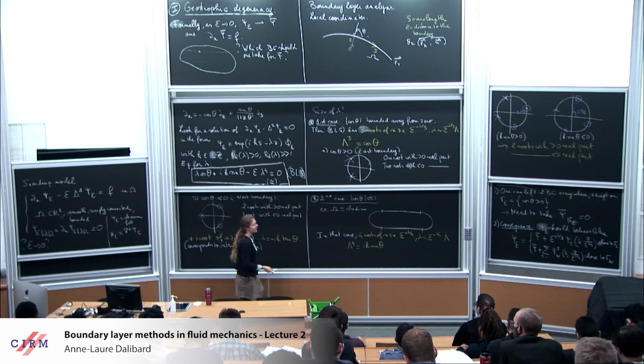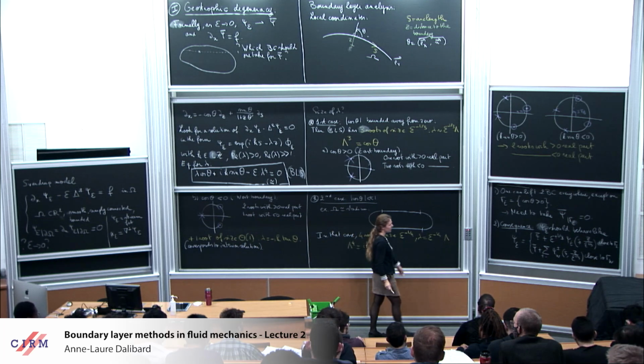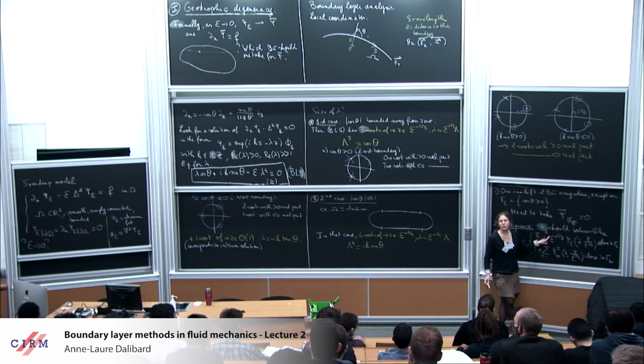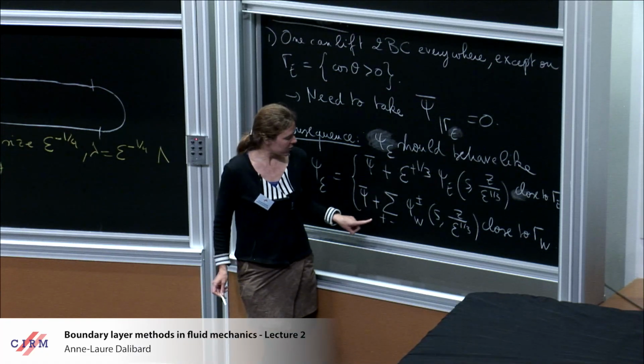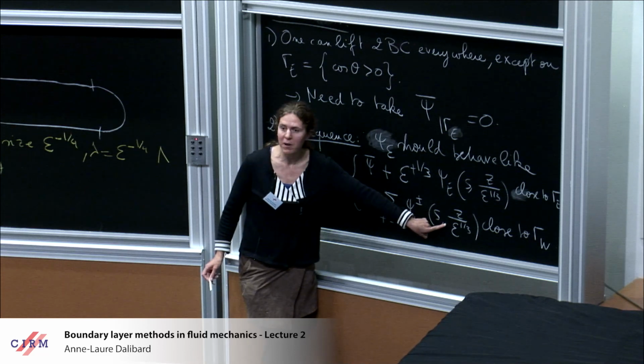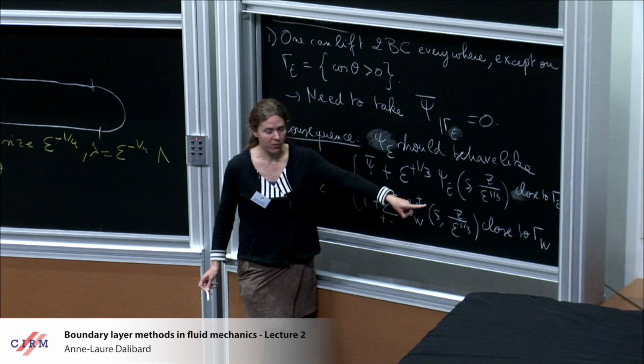And the thing is that when you take the orthogonal gradient of the first line, you will keep something that is bounded, say, in L infinity. But when you take the orthogonal gradient of the second line, you see that you have an epsilon to the minus 1/3, which pops out. Okay, and so the velocity in the vicinity of the western boundary is unbounded.